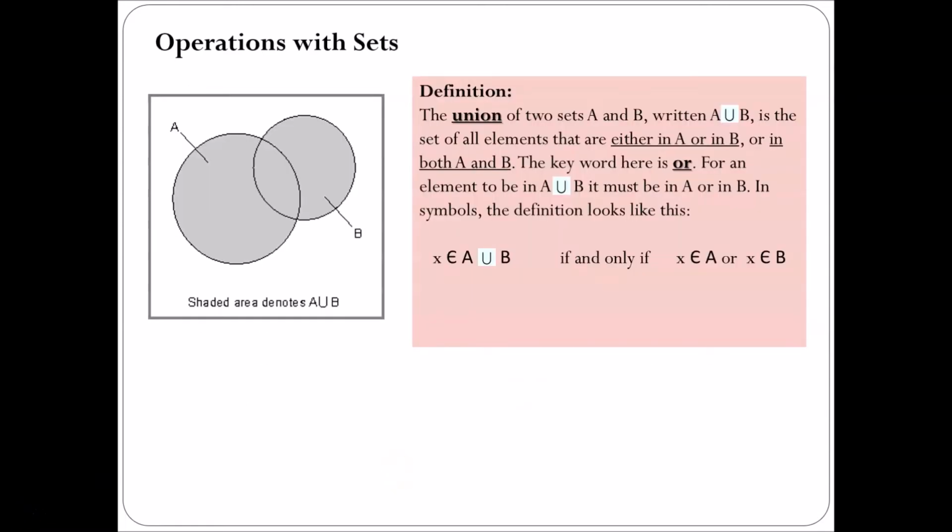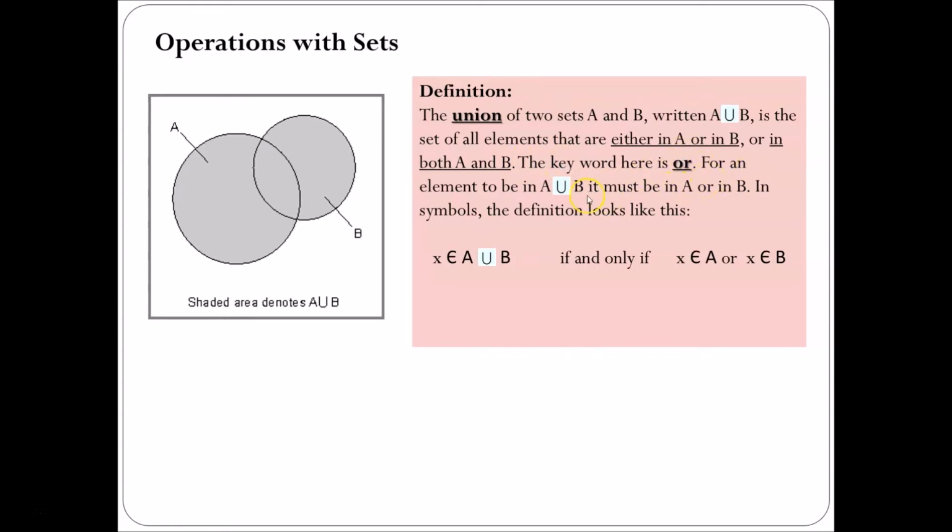Operations with sets. First, we have the union. The union of two sets A and B, written A union B, is the set of all elements that are either in A or in B, or we could say in both A and B. The keyword here is or.